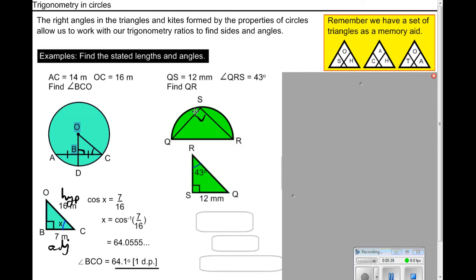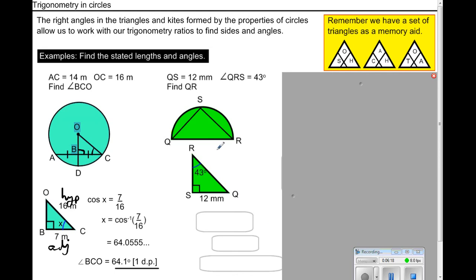So I've taken a triangle, I've rotated it just to make it a bit easier to work with, but notice I've got S at my right angle, Q there. I've been told QS, this side here, is 12, so I've put that in there. I've been told QRS, so that's the angle R, that's 43 degrees. I've been asked to find QR.